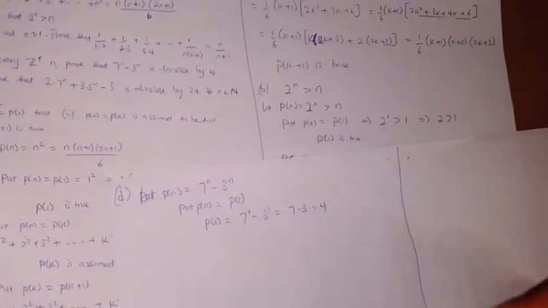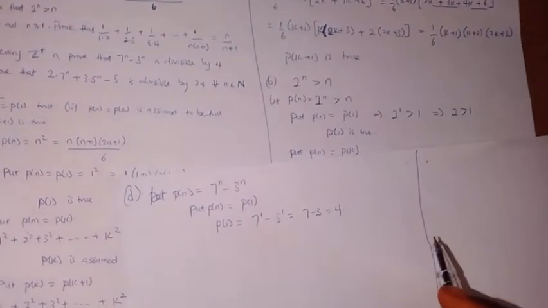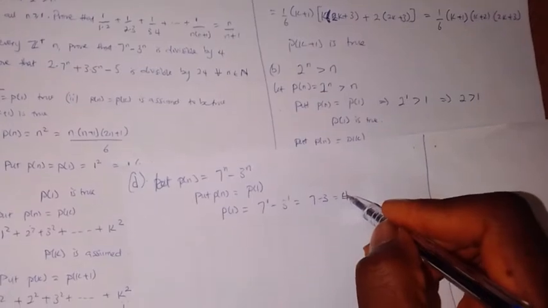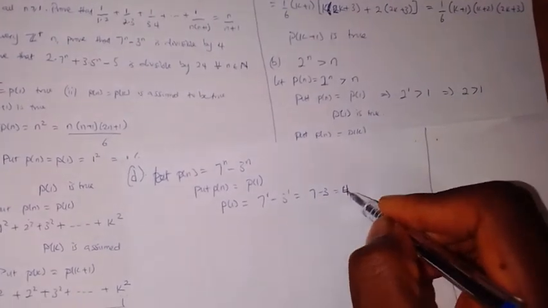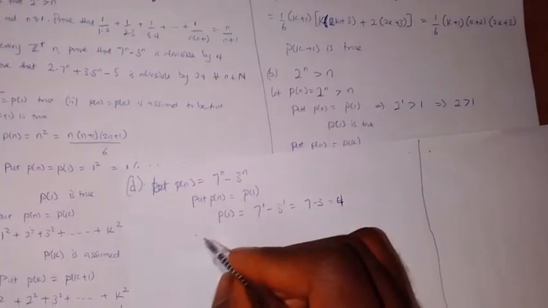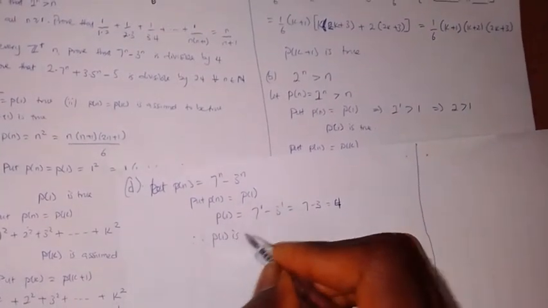Now, according to our assumption from the question, we have to prove that it is divisible by 4. Now, from what I got after putting my P of 1, 4 is actually divisible by 4, which gives us 1. Therefore, our P of 1 is true.